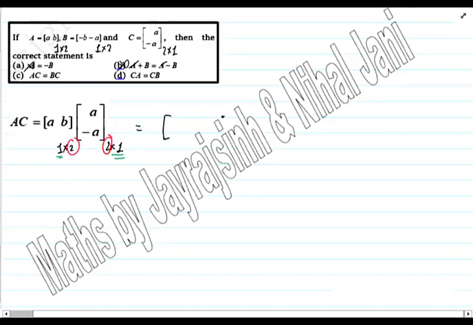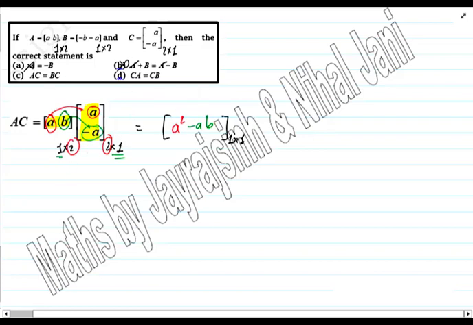So we will get only one element, which will be produced by multiplying the one and only row with the one and only column. So A into A will give us A square and B into minus A will give us minus AB. So yes, we get our AC.